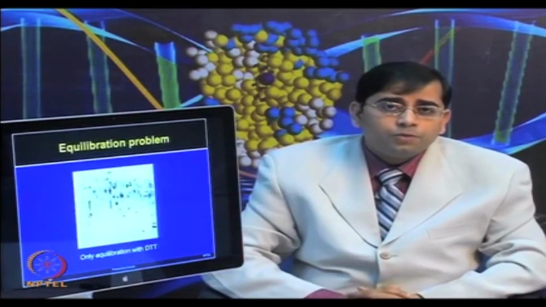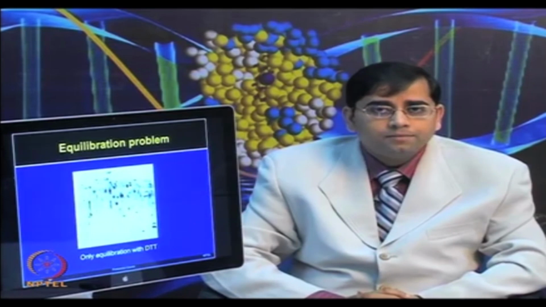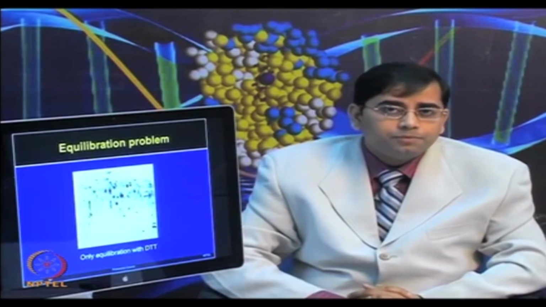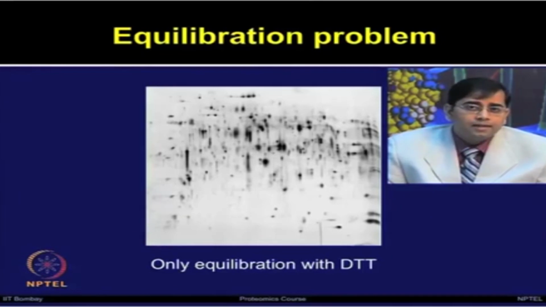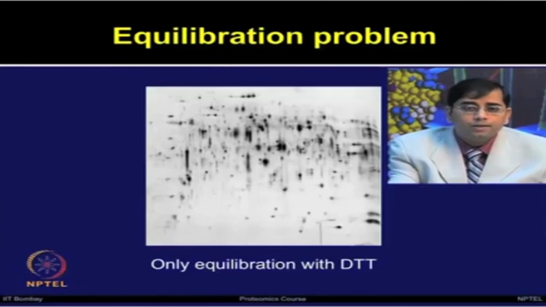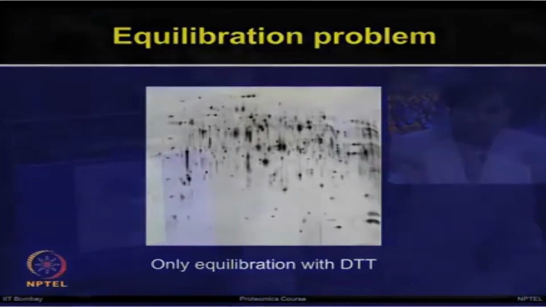Now, after protein extraction and the IEF process is done, one needs to equilibrate the strip. The equilibration process itself can create some problems. For example, if you have performed only the first equilibration with DTT and forgot to do the second equilibration prior to the second dimension separation, then you can see a pattern similar to what is shown here, with only equilibration with DTT.